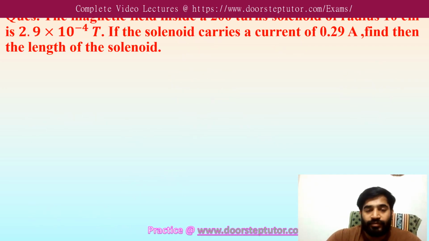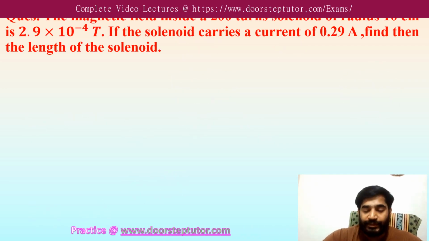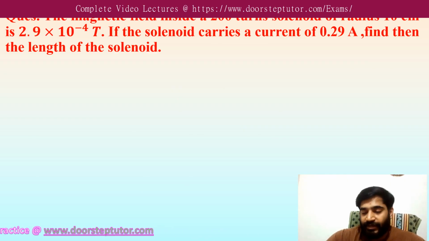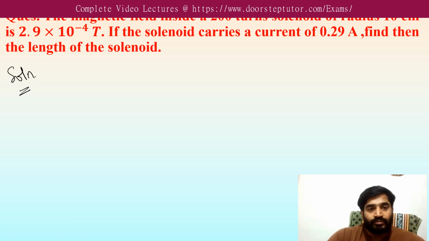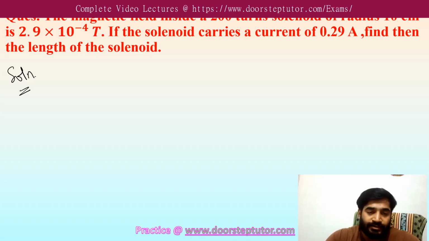In this question we have a solenoid situation, and the magnetic field inside is given as 2.9 into 10 to the power minus 4. The turns are also given, the radius is 10 centimeter, and the current is 0.29 ampere. We have to find the length.